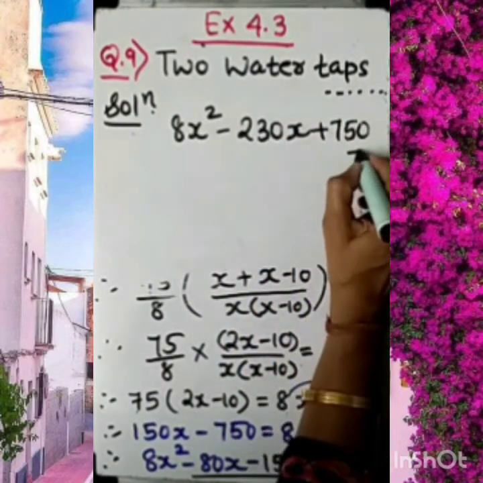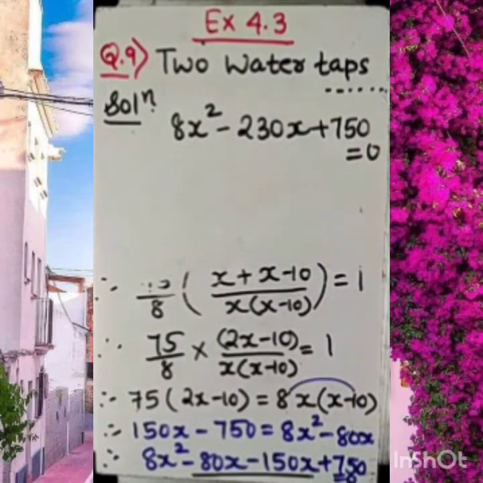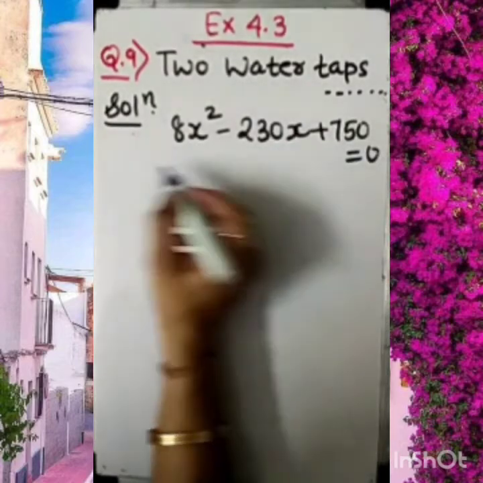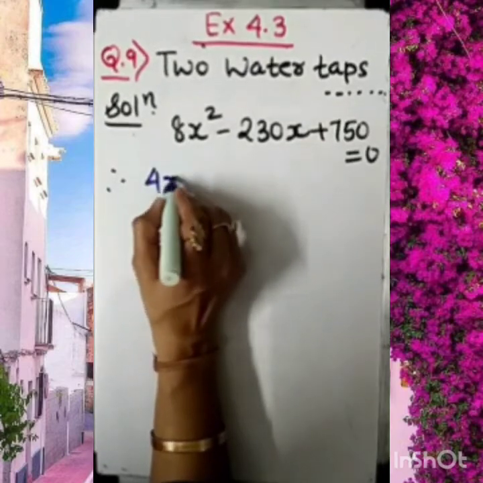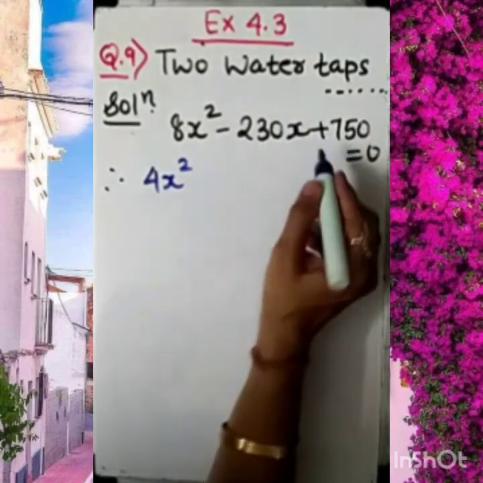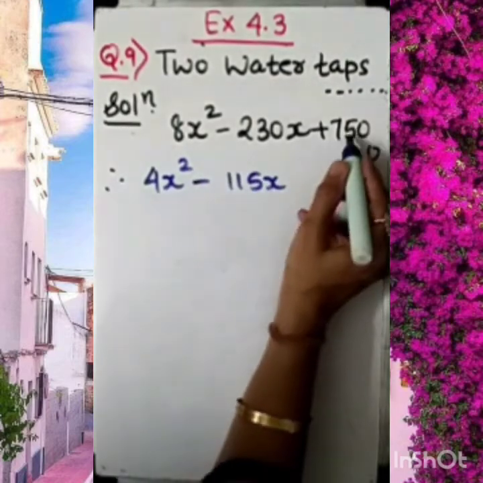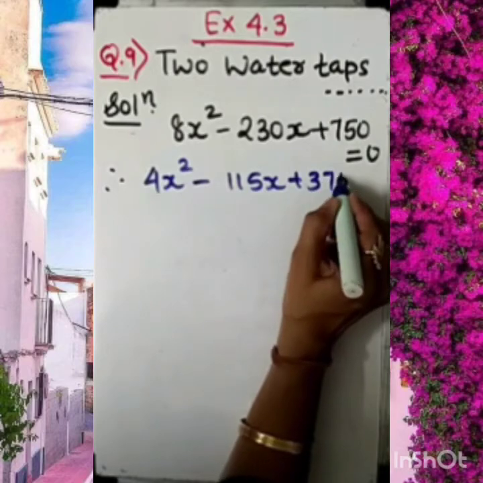This is the normal quadratic equation. So let's have the first, I am taking 2 common from all this, then I should have here 4x square, means dividing each and every term by 2. So it will be 115x plus 750 divided by 2, so it will be 375 equal to 0.